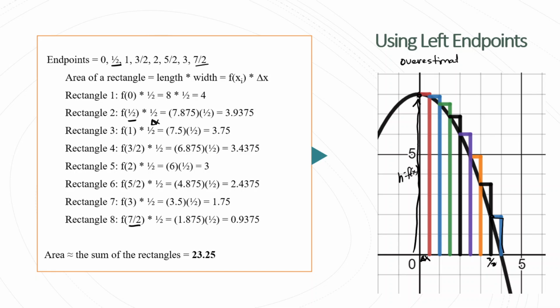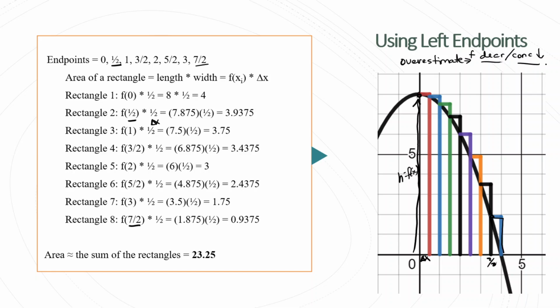Now the reason being is because the function f is decreasing and concave down. So that puts the left endpoints going a little bit above the curve.